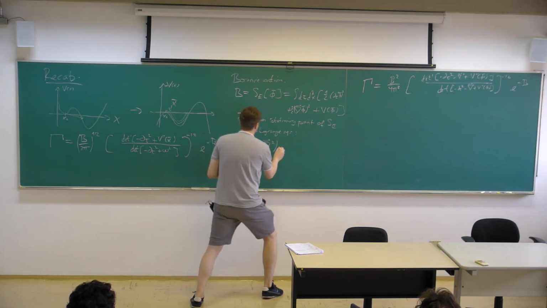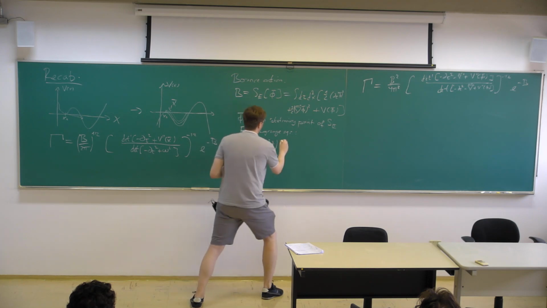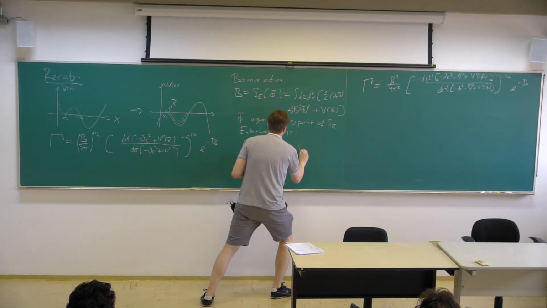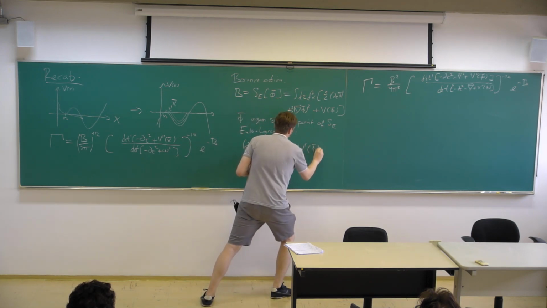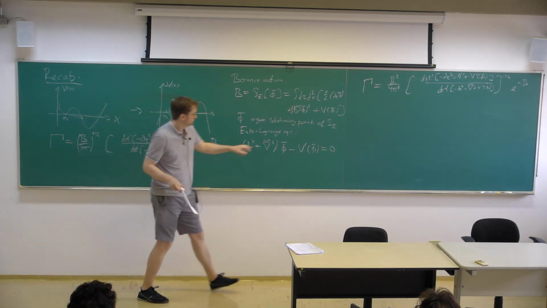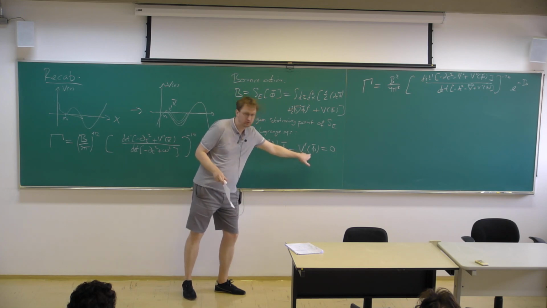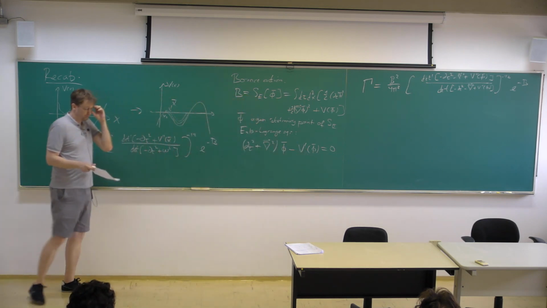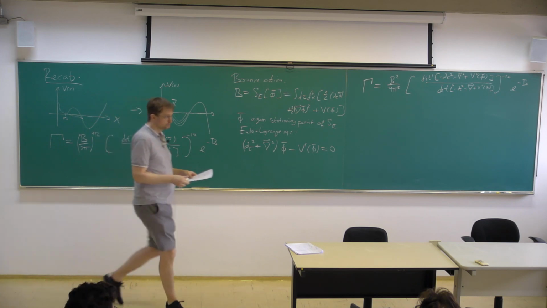The only difference is that now we're in Euclidean space, so the time derivative sign is switched. There's the derivative of the potential with respect to phi, with some boundary conditions.